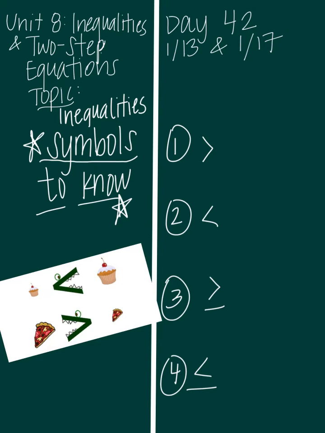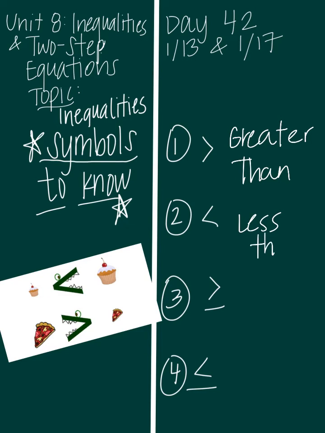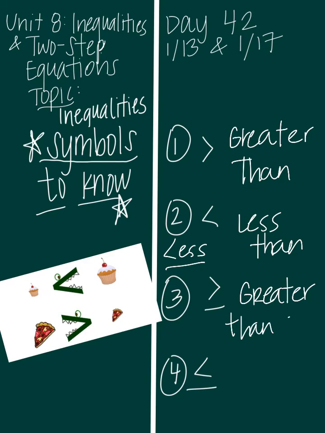But for Math 7 and Math 6-7 purposes, we're going to call number 1 greater than, number 2 less than, it's like a sideways L, number 3 greater than or equal, we add the line underneath the greater than sign, number 4 we have less than or equal.